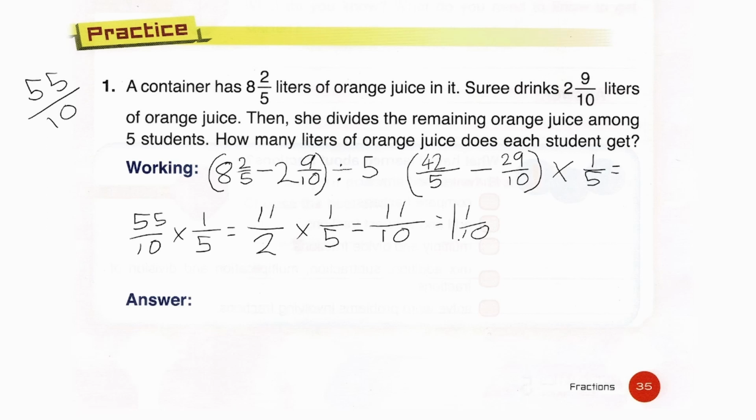So now we must write down here. Remember, they must be a sentence, not just a number. If you just write this, it means nothing. What is this? 1 and 1 over 10, what? And so you must answer the question. The question is here.